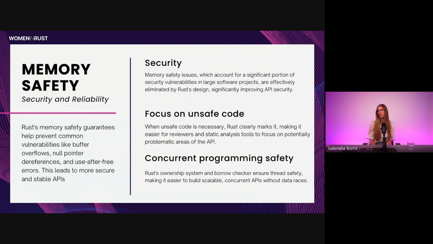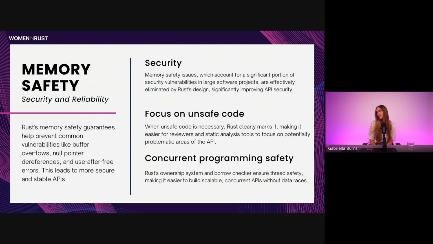Memory safety issues account for a significant portion of security vulnerabilities in large software projects, and they're effectively eliminated by Rust's design, which significantly improves API security. And security is really the name of the game, especially if you're in a space like financial technology. It's important to keep that data safe.